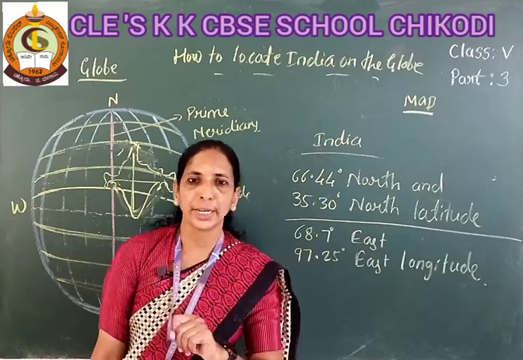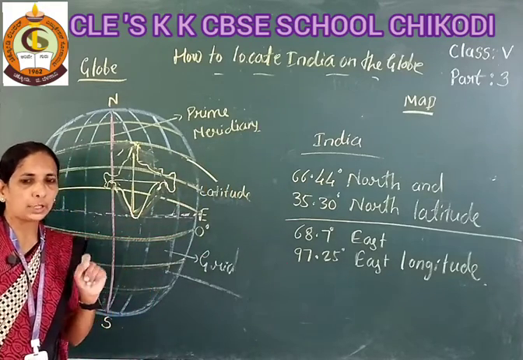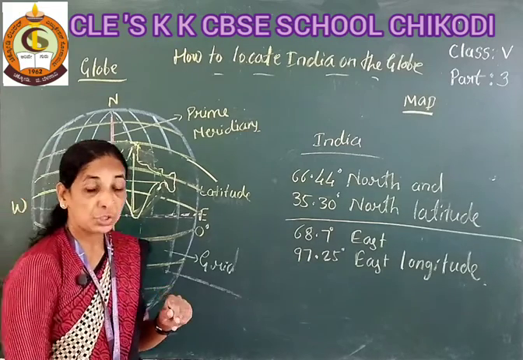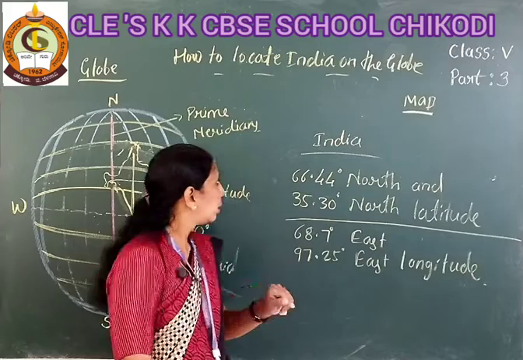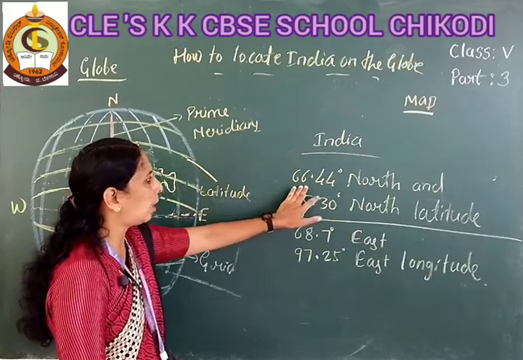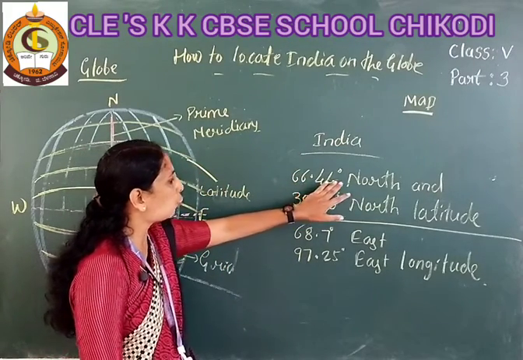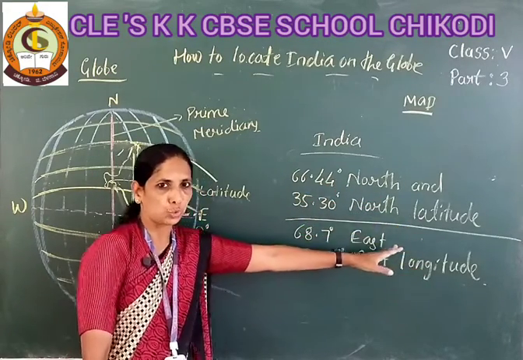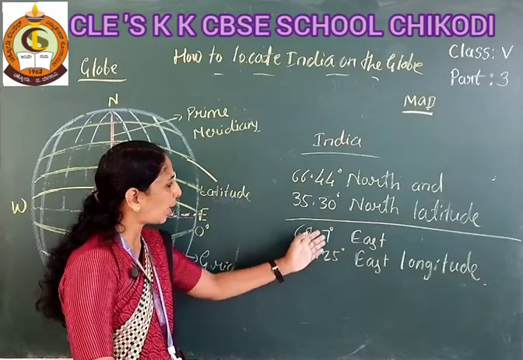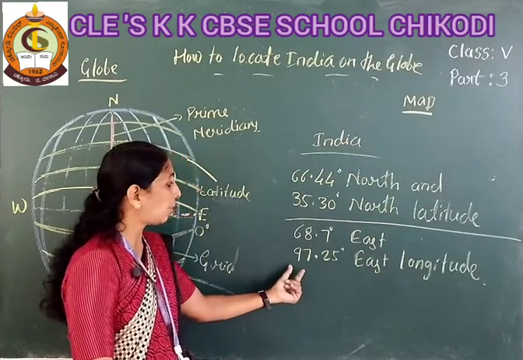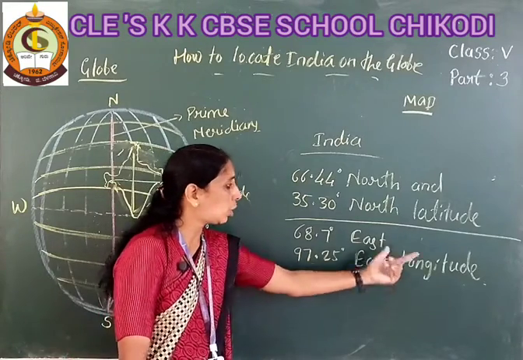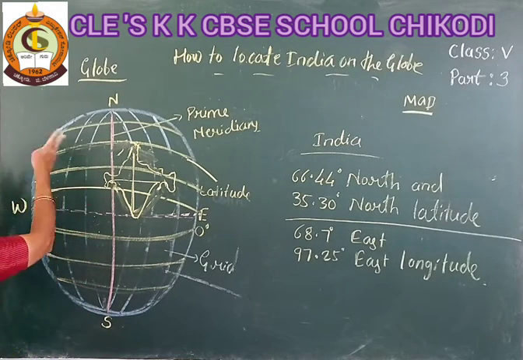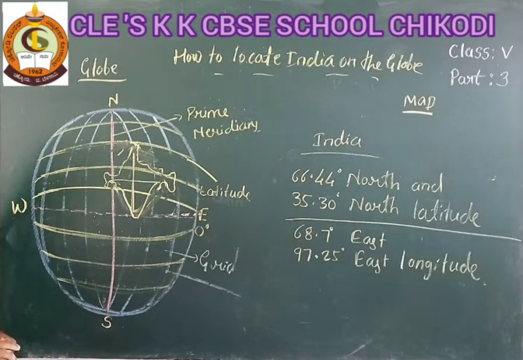India lies between 6.44 degrees north and 35.30 degrees north latitude, and 68.7 degrees east and 97.25 degrees east longitude. Like this we can also locate other places on the globe.